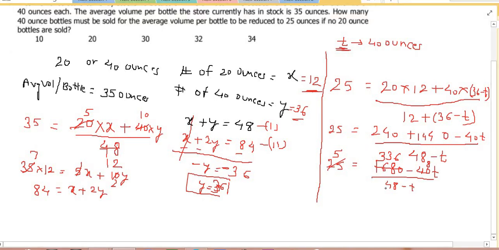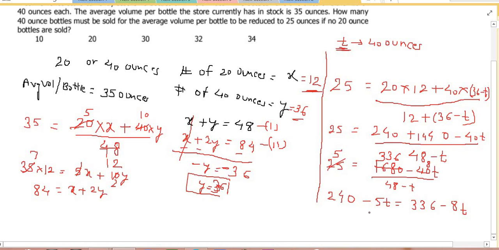Now let's solve this equation further to obtain the value of t. So let's cross multiply. 48 minus t into 5, so 48 into 5 is going to be 240. Yeah, this is 240 minus 5t is equal to 336 minus 8t.